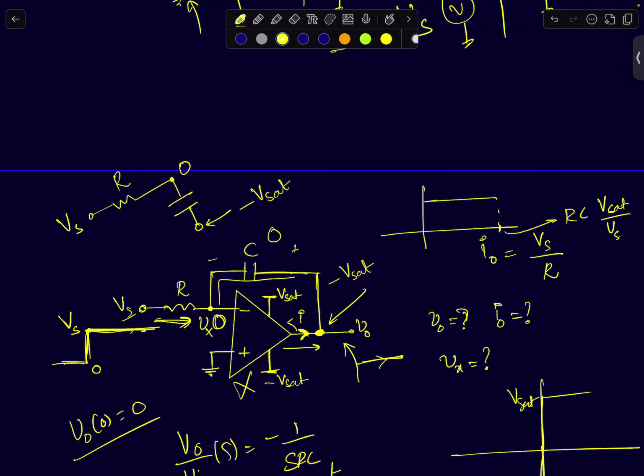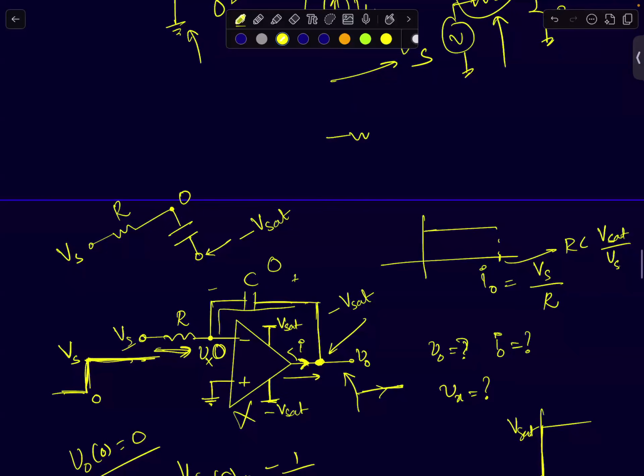So one of you said capacitor will discharge. So what will happen? Let's analyze a simple RC circuit like this. If you have an RC circuit with initially 0 charge, and I apply a DC input of voltage Vs, the capacitor will start charging until the cap voltage reaches Vs. It will keep on charging as long as there is potential difference between these two nodes.